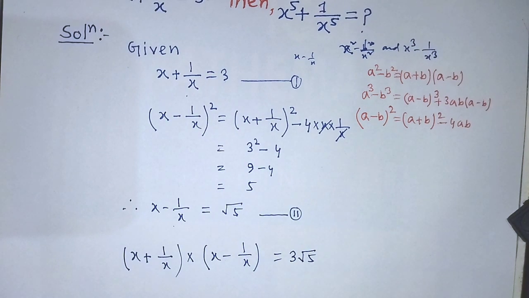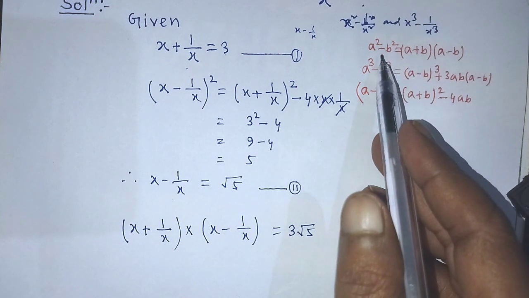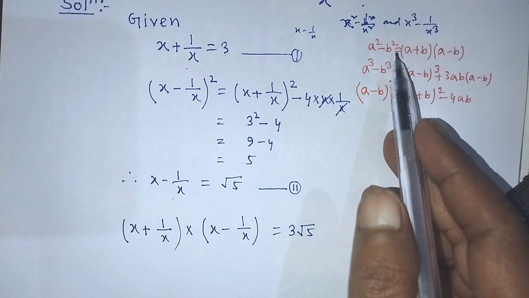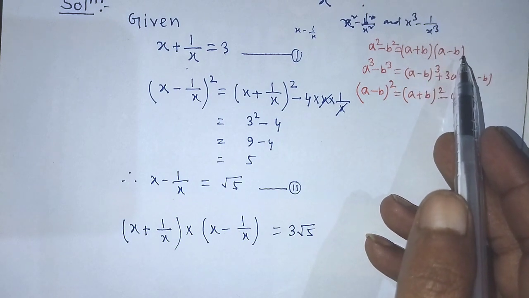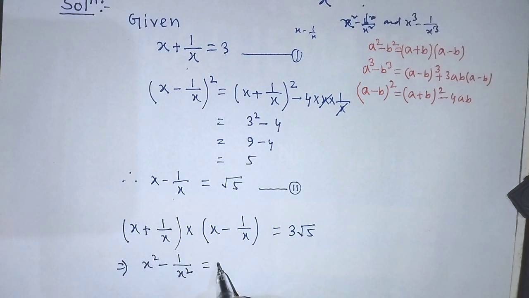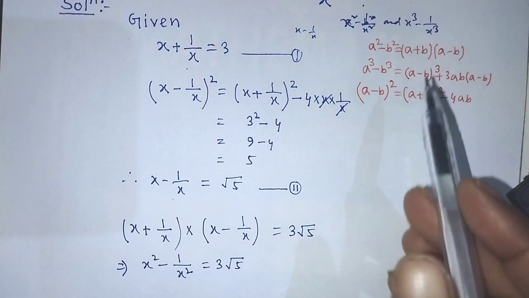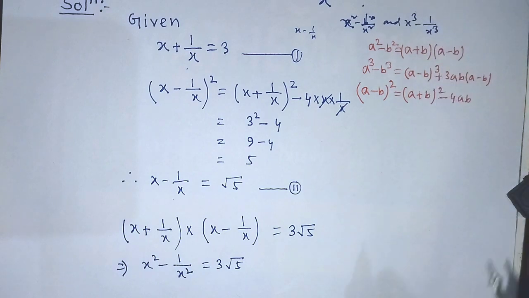Now we can apply this formula: a square minus b square is equal to a plus b into a minus b. So we can write here x square minus 1 over x square is equal to 3 root over 5.